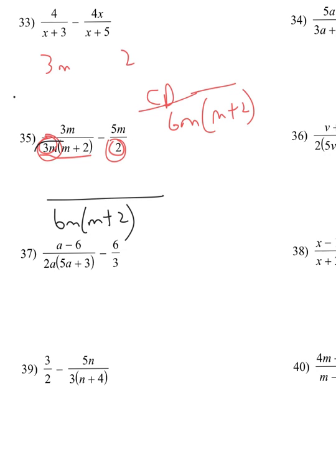Now notice, here's what I have in this one. What am I missing? Well, I've got to get from 3m to 6m. So I'm going to times by 2, so 3m times 2 is 6m. Okay? And then over here, I've got to multiply by 3m to get my 6m out in front, and then my m plus 2.